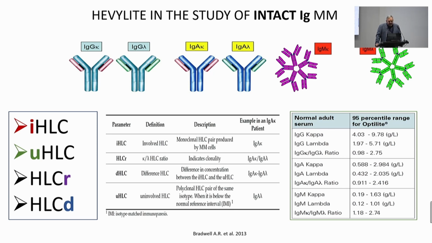The test gives us the information in a similar way to the free light chains. We have the involved pair, monoclonal. We have the uninvolved pair, polyclonal. And we also have the ratio and the difference between the 2 pairs. This is standardized with the normal range.